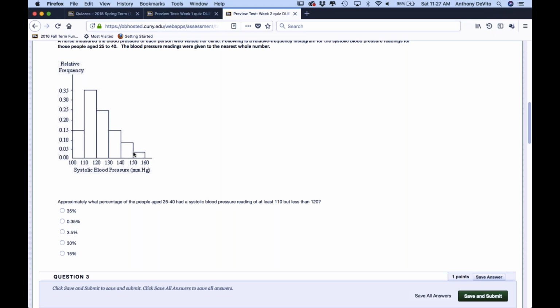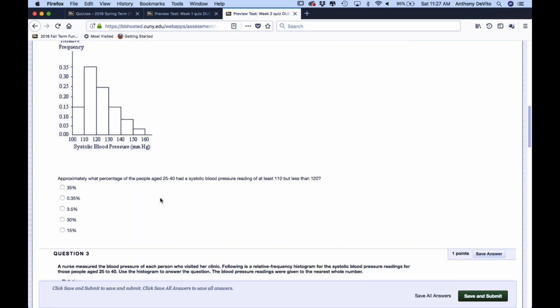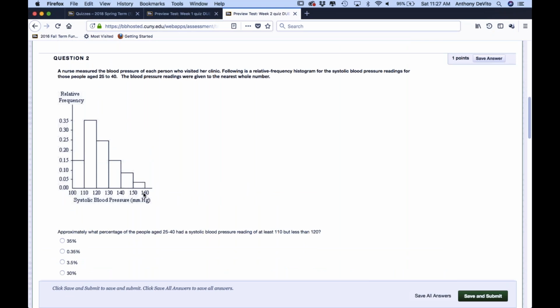The least frequent group was 150 to 160, only about, I'm going to guess, 3% of the people. If this is all of the people, with no outliers not shown, then if we added these all up, 15, 35, 25, and so on, it would add up to 100%.